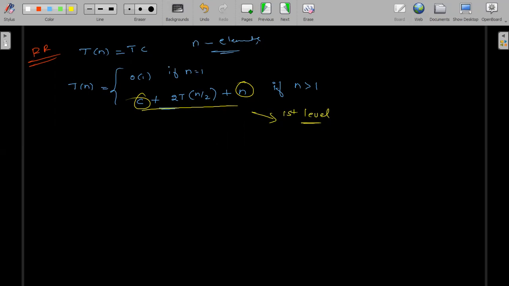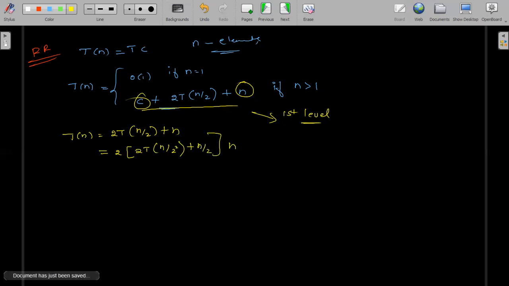Now everybody observe here. T(n) is equal to, write it as it is, 2T(n/2) plus n. Now in place of n, substitute n by 2. So what is the value? We get 2 into 2T(n by 2 square) plus n by 2, again plus n.